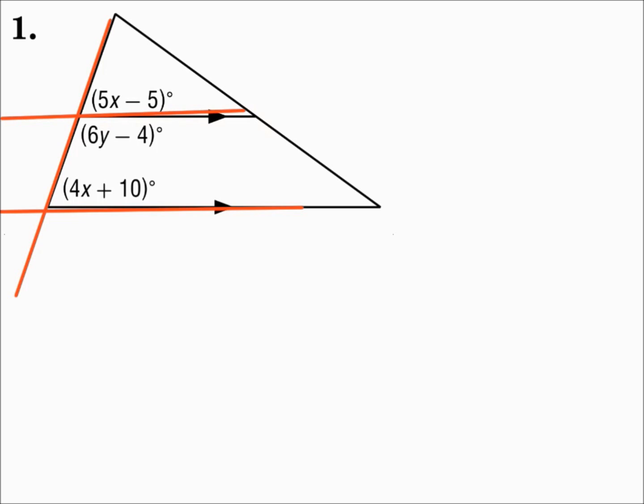We have two angles with x and one angle with y. Let's look at the x angles first. Those are both in the top right of each group, so they're corresponding angles, and they're congruent. So those measures will be equal to each other.